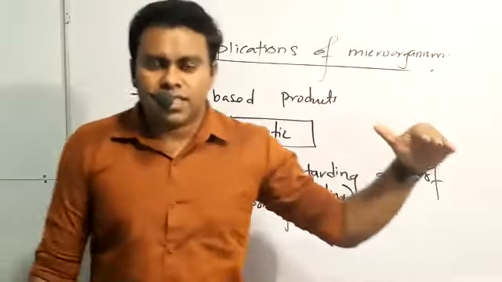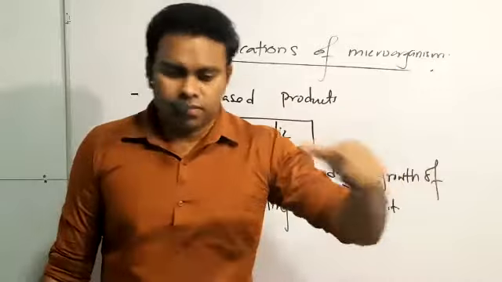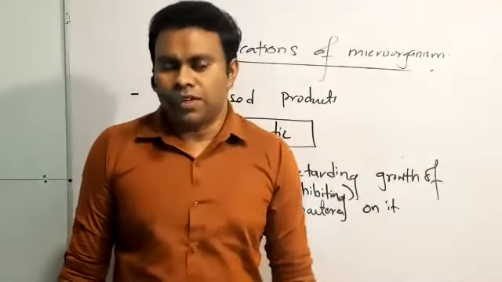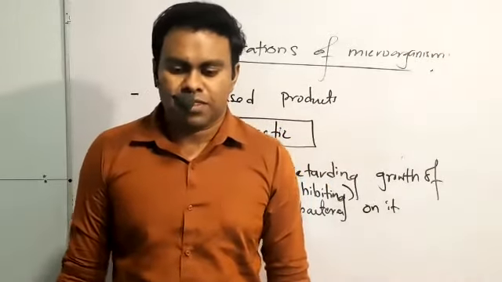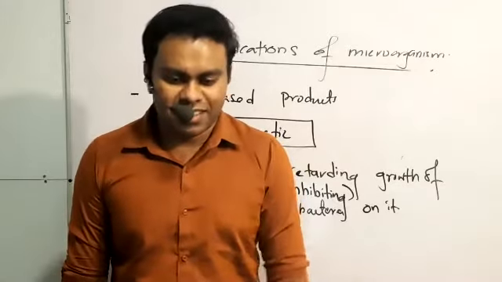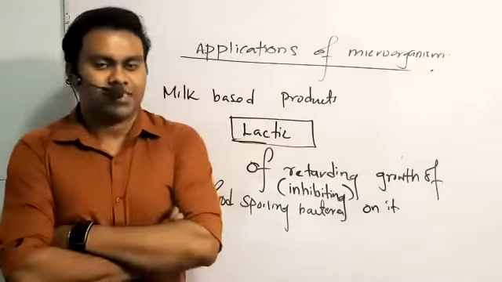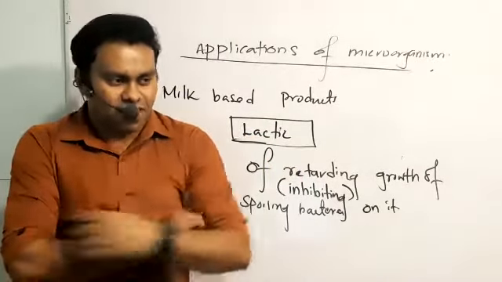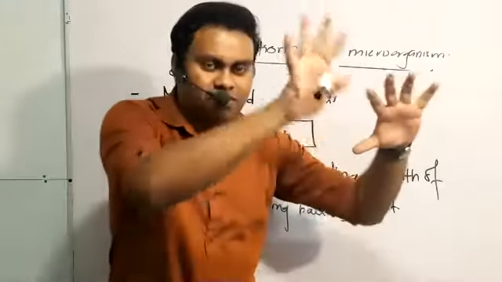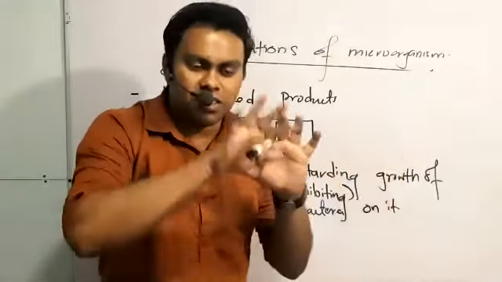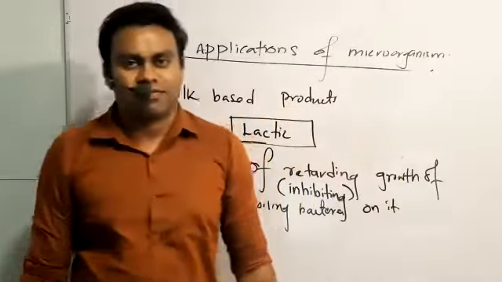That technique is named as another word. What's that? Does anyone know? Dulkith, what do you think? What's that? Keeping food for a long time, retarding the spoiling microorganisms. Sir, preservative.